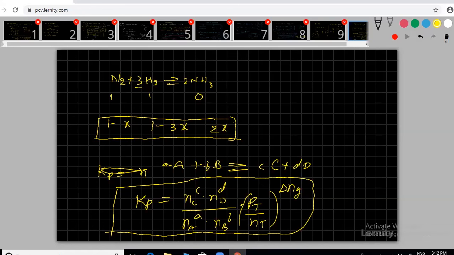I think so. One more point. Kc and Qc, two terms are there. What is the relation between Kc and Qc? If Kc is less than Qc, is the reaction forward or backward, sir? Kc is less than Qc, forward reaction or backward reaction?